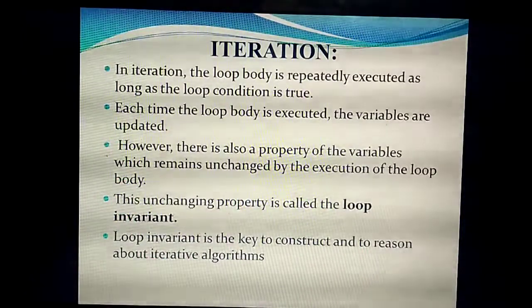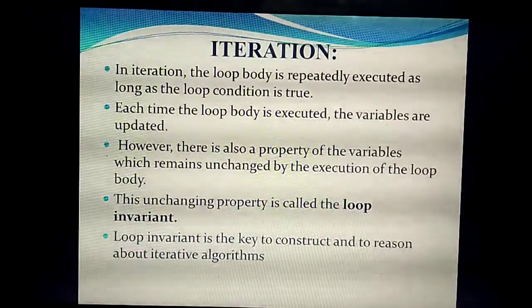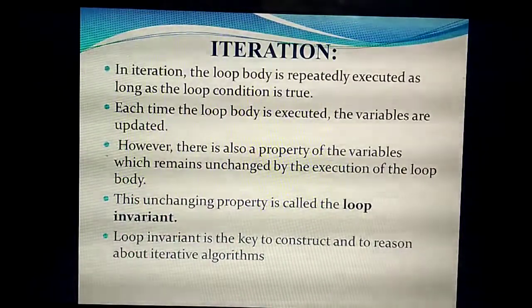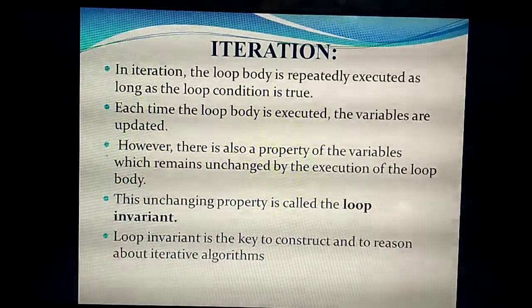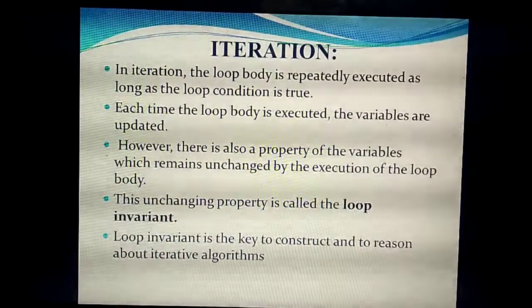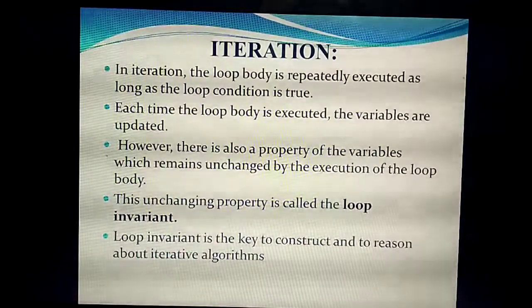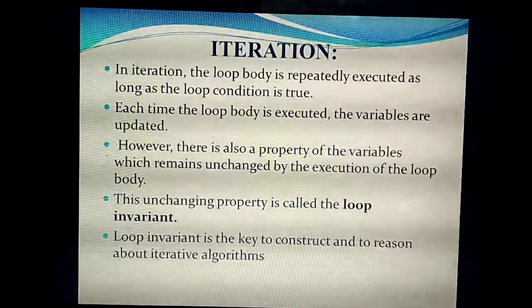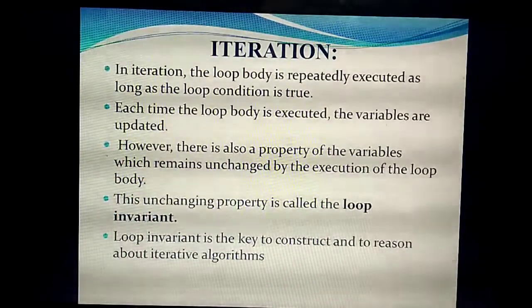The loop will execute as long as the condition you give holds true. Also, each time, the variables you have given inside the loop need to be updated. But whatever you update, the property of the variables doesn't change. Understand? What's meant by property? Green color means you need to walk. So you can't change the property.